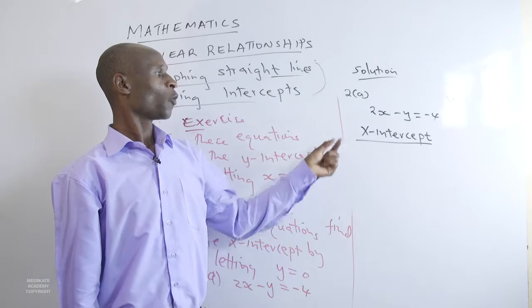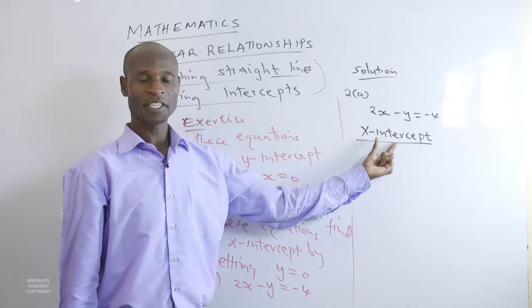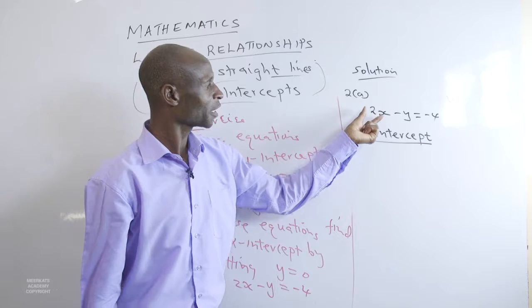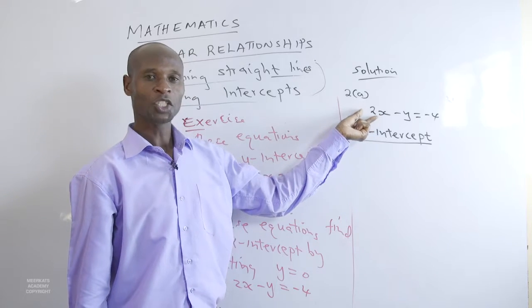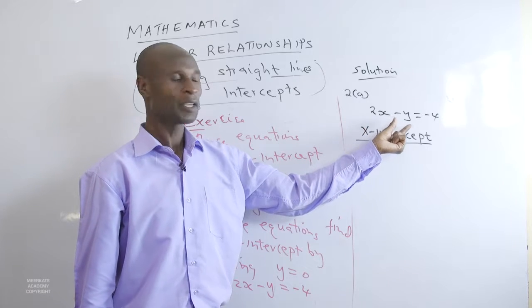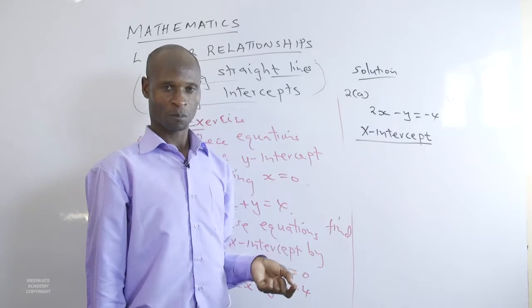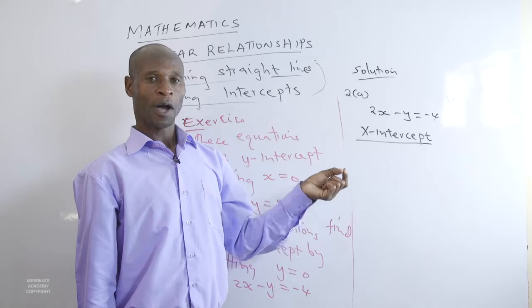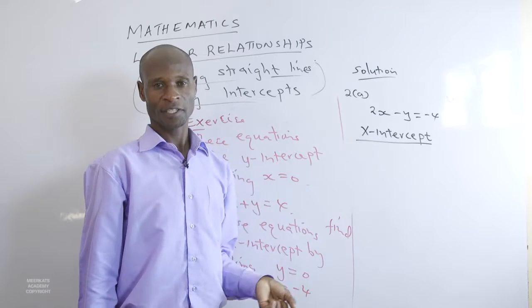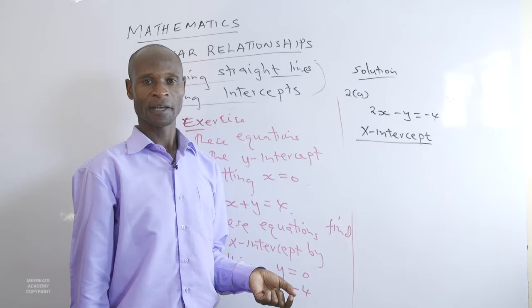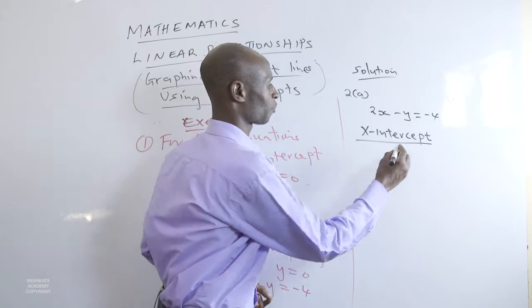Secondly, we want to find the x-intercept for this particular linear relation. The relation reads 2x minus y is equal to negative 4. As I mentioned earlier, for the x-intercept, you set the value of y as 0.